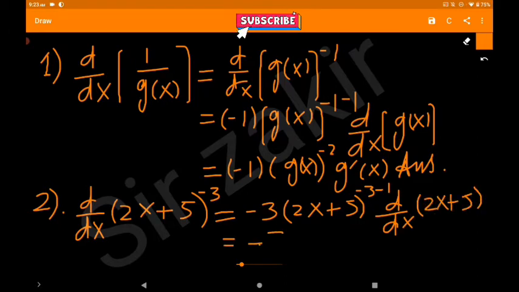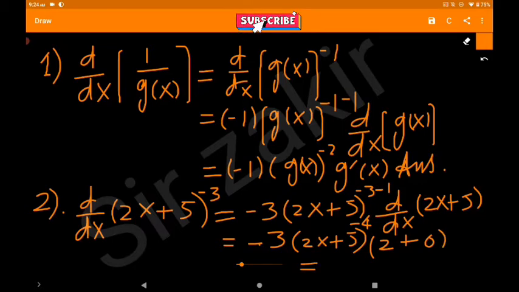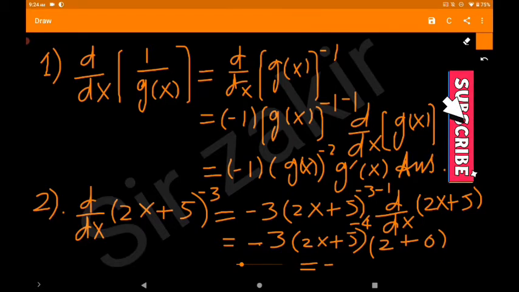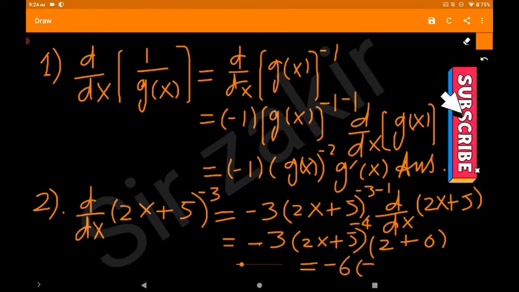It is minus 3, 2x plus 5 power minus 4. The derivative of 2x is 2, the derivative of 5 is 0. So finally it is 3 multiplied by 2, which is minus 6, 2x plus 5 power minus 4.